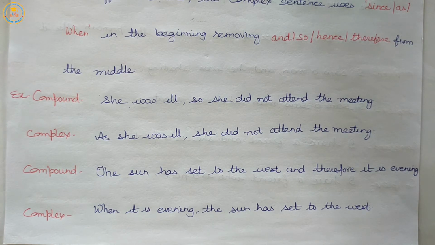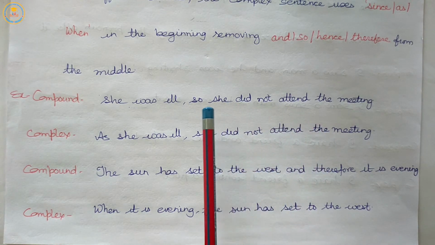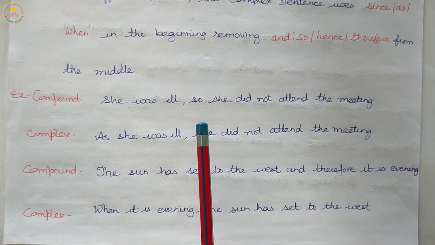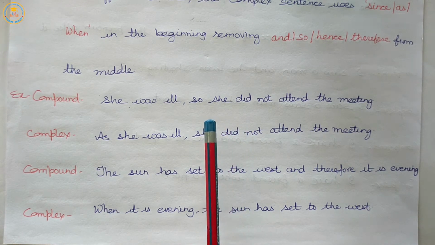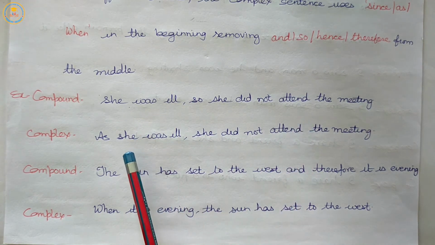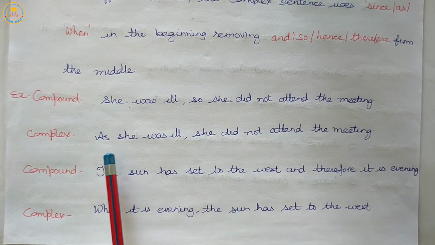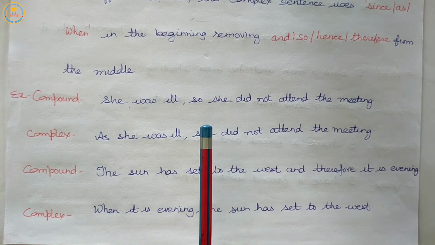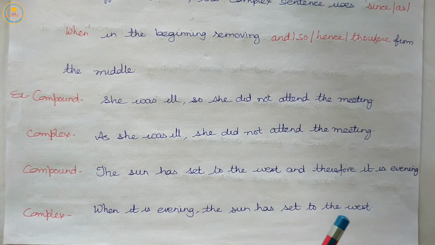So our fourth rule tells us that if a compound sentence contains "and", "so", "hence", "therefore" to connect two clauses, then the complex sentence will use "since", "as", "when", and we will remove the conjunctions "and", "so", "hence", "therefore" in the complex sentence.